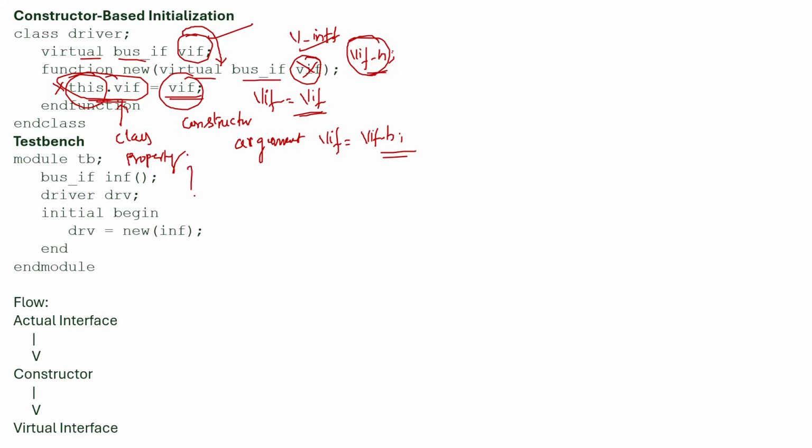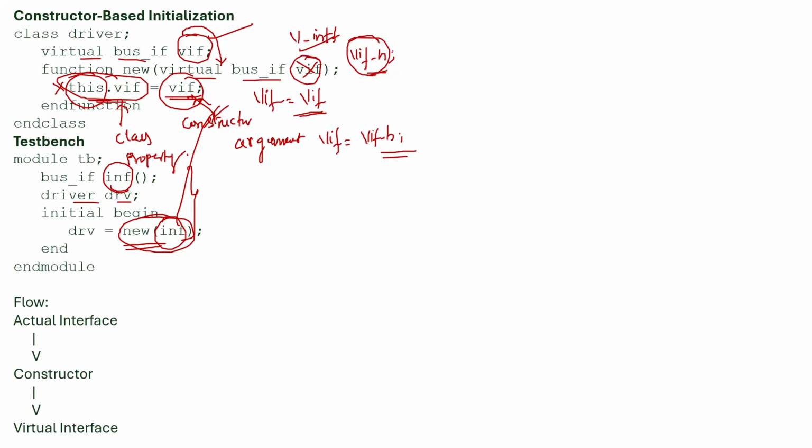Same thing. So bus interface where driver DRV initial begin. Through constructor I am calling the interface. DRV equal to new of INTF. So this INTF is the bus interface handle. So this bus interface directly calls to this VF. Okay, understood, right? So constructor, how I am getting that.